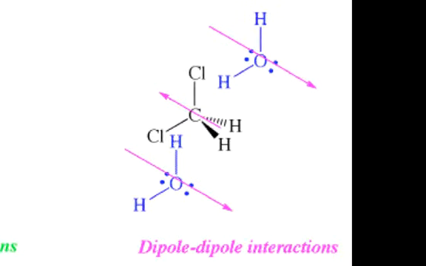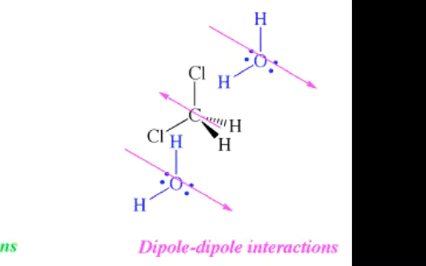Now swing over here. This is a dipole-dipole interaction. Notice that the hydrogen on water is attracted to the chlorine on that molecule right there, the CH2Cl2. This would not be a hydrogen bond. This would be a dipole-dipole. The arrows are showing the direction of polarity.